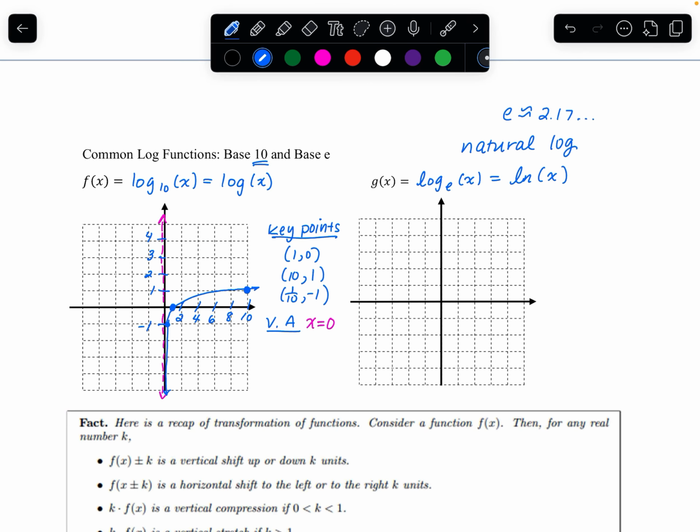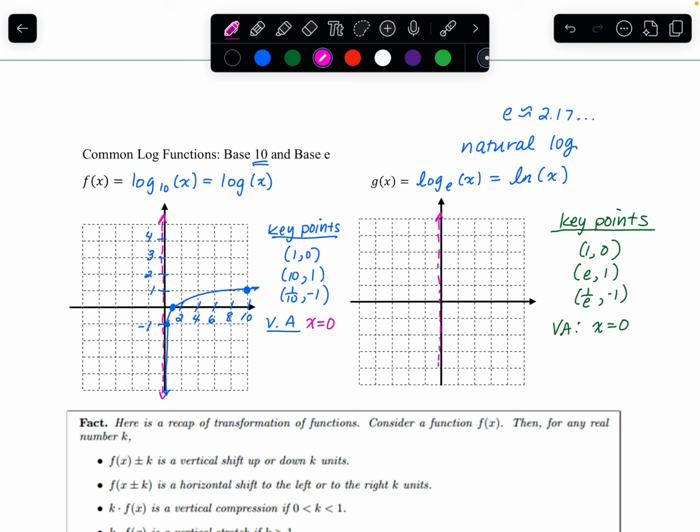Right? So, let's try the next one. Again, key points. (1, 0), (b, 1), (1/b, -1). Vertical asymptote at x equal to 0.